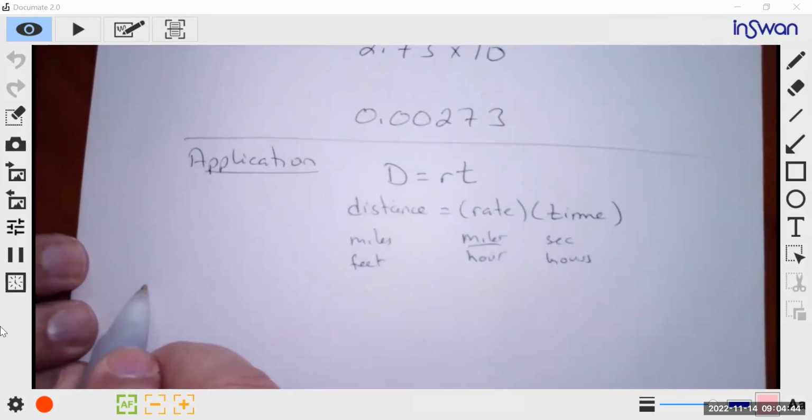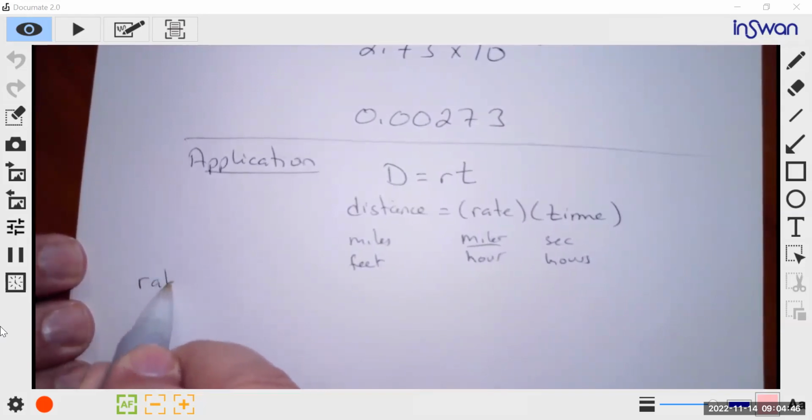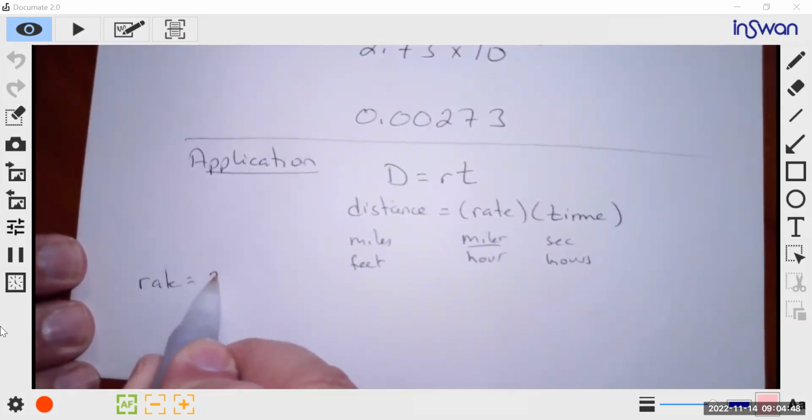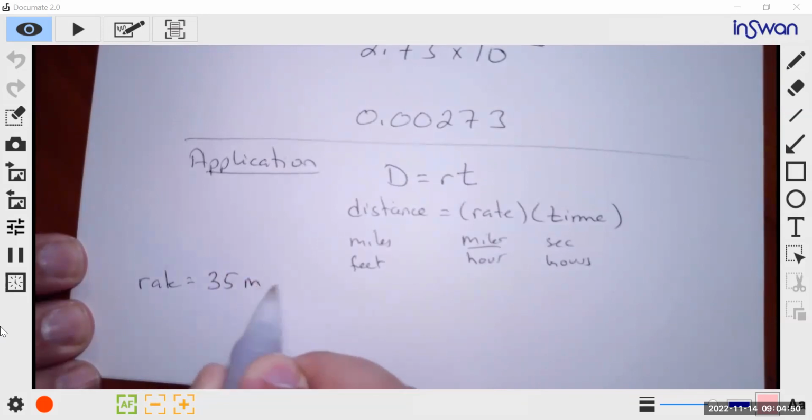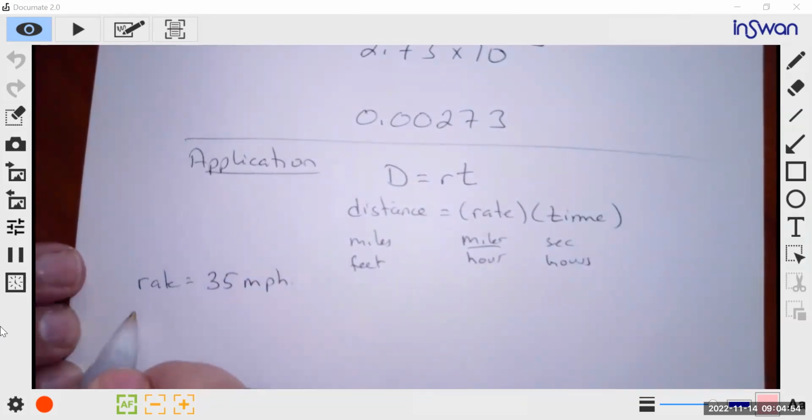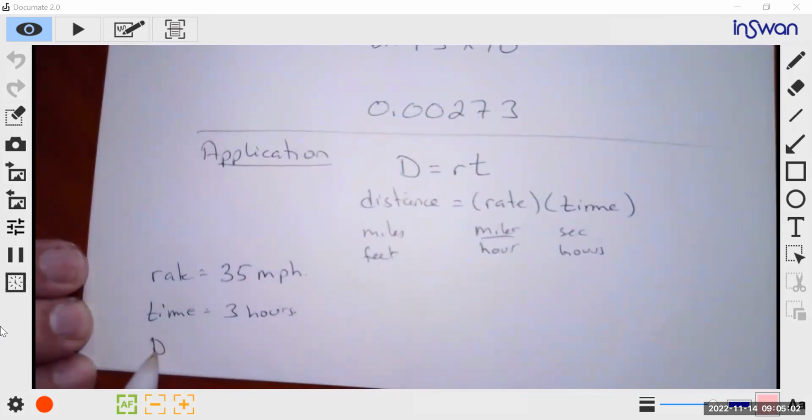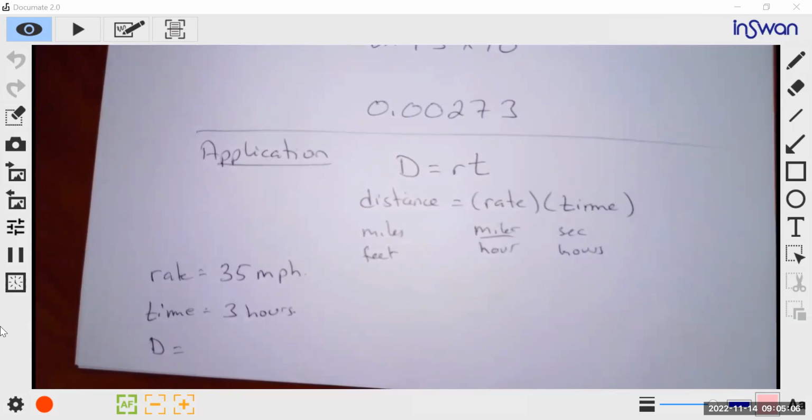So my rate of travel is 35 miles per hour. And I travel for 3 hours. How far have I traveled? I want to know distance. I want to know how far I traveled.